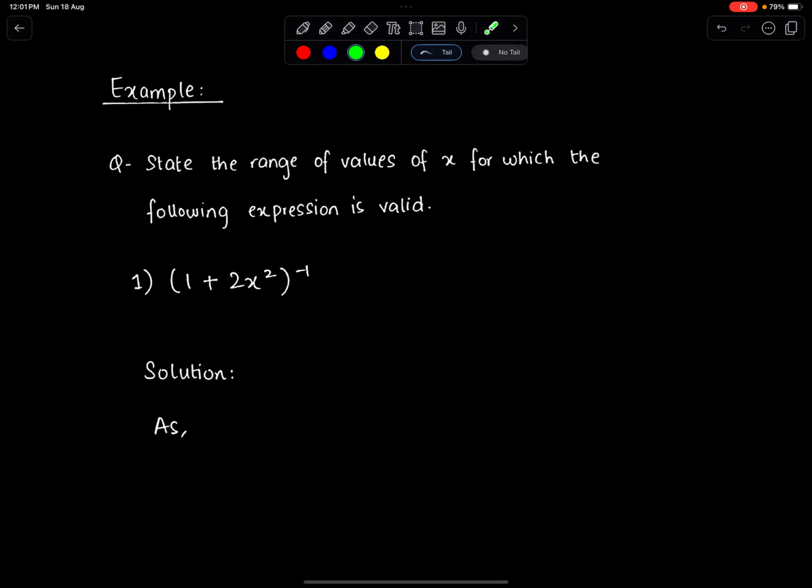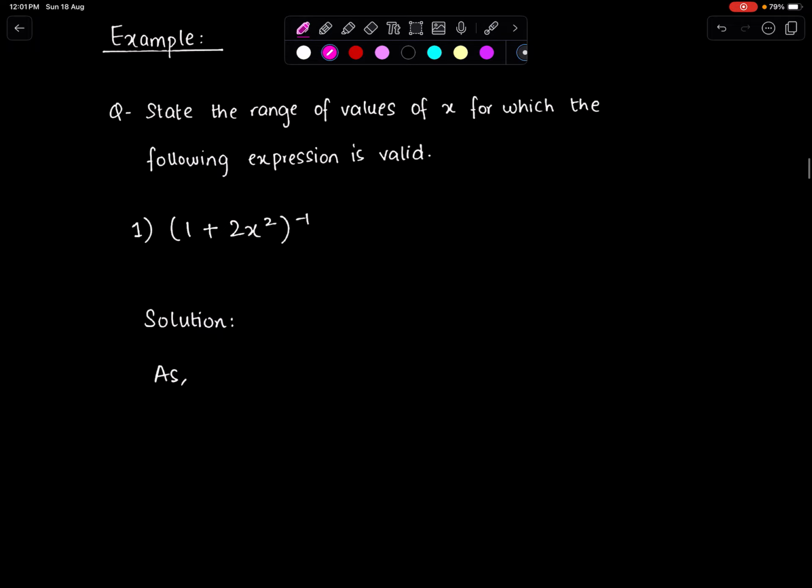Another example. State the range of values of x for which this expansion is valid. Since the first term is already 1, so we can directly use this result. Modulus x less than 1.